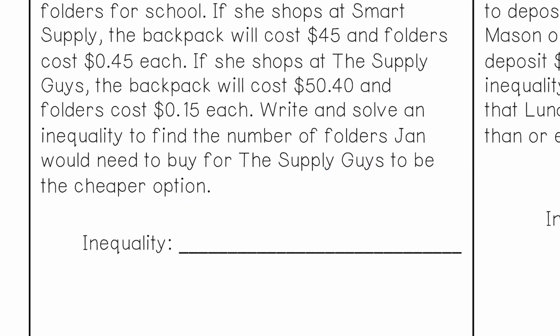So she needs the Supply Guys to be the cheaper option, and we need to write an inequality. 45 cents each. This little "each" right here, guys, is a key word letting me know this is where my variable is going. So in this case, we're talking about folders.